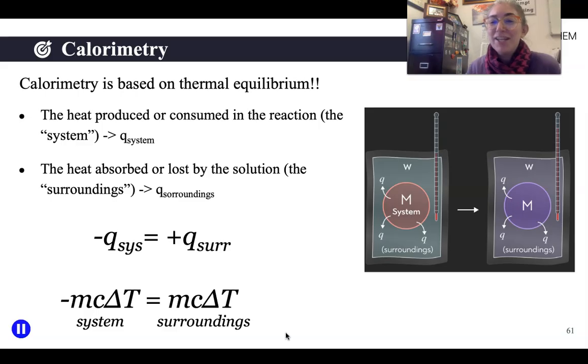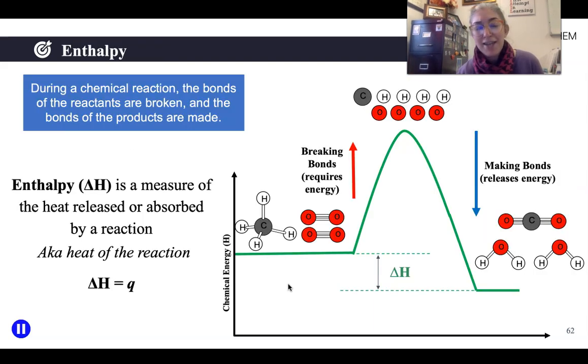So calorimetry is how chemists measure the heat that's given off or absorbed by different reactions. We call that enthalpy. Enthalpy is the heat of a chemical reaction, as opposed to the heat of a block of metal that's absorbing. That's just a physical thing. But for chemical reactions, we don't call it Q, we call it delta H.